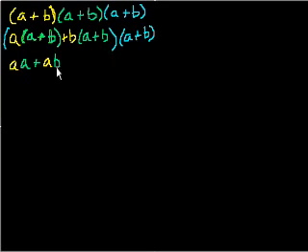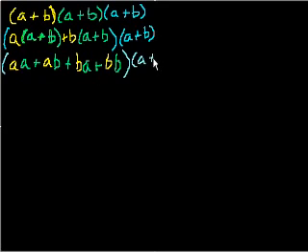And then we have plus b times a, plus yellow b times green b, and then all of that, we're almost there, all of that times a plus b.